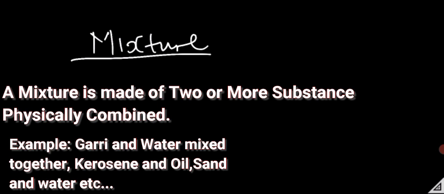For example, when I pour garri inside water, I can easily reverse it. How do I do that? I take a filter and filter out the water, then I dry the garri. What happens is that I have separated the substances into their individual nature.